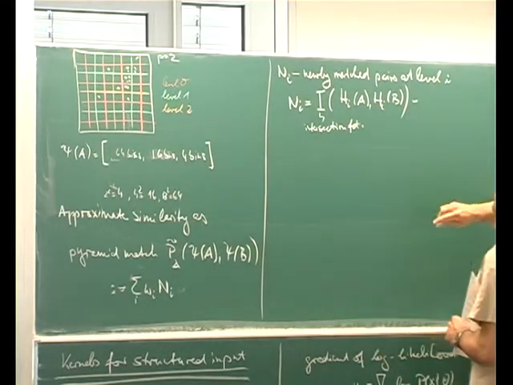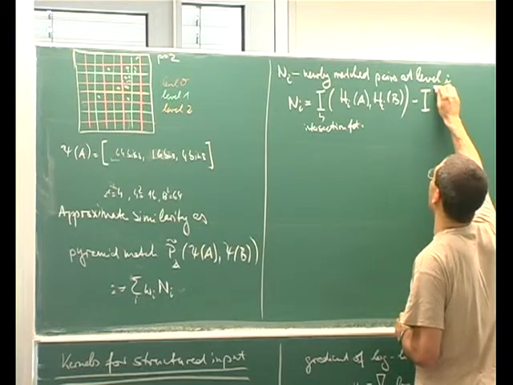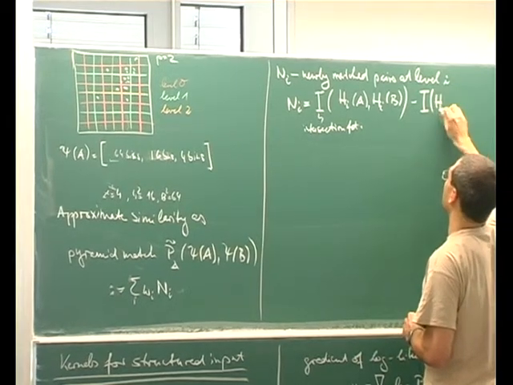So this is what's happening at level i, and we're subtracting all those intersections that were already found at the previous level.